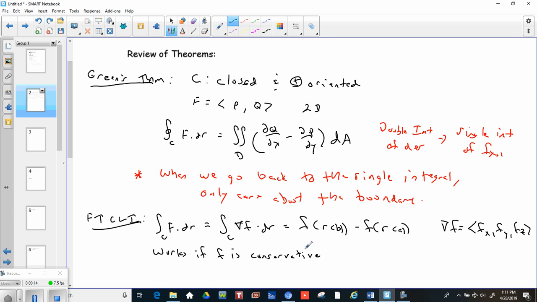And we had a couple different ways to figure that out, and I'll go through that stuff in a little bit. And if F is conservative, what that really is saying is that F, or this capital F, is the gradient of lowercase f.